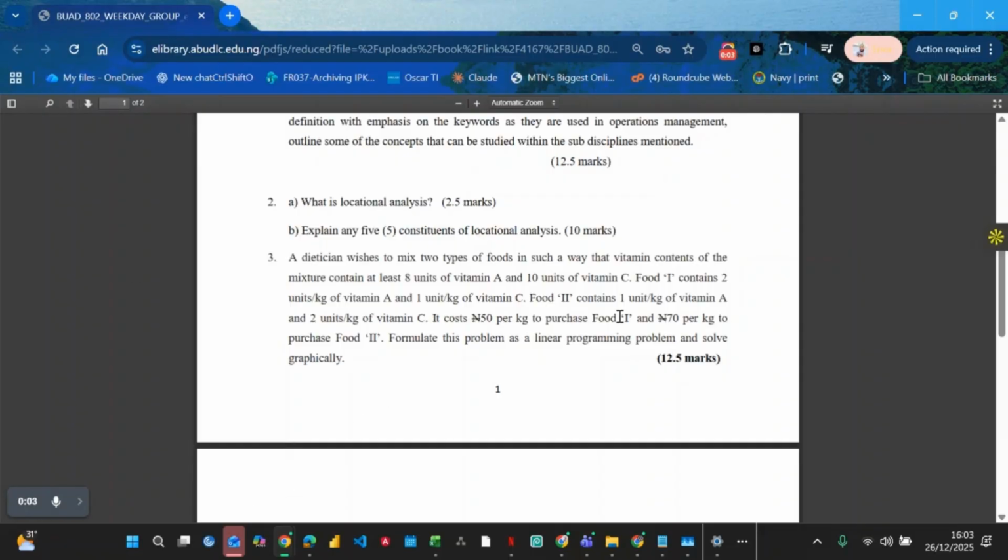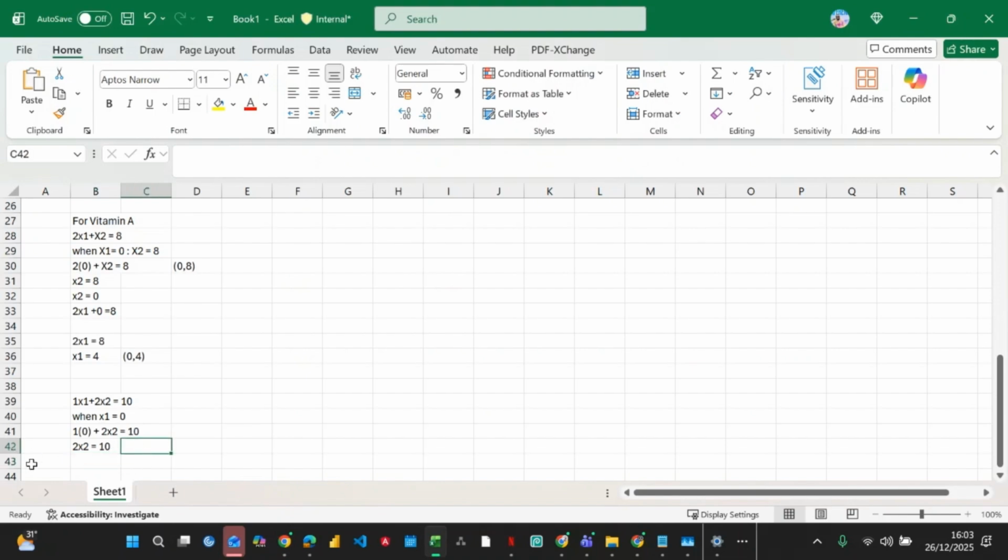Okay. So I was trying to explain this from here, right? This is for vitamin C. When x1 is equal to 0, that is when we are not producing food 1, that means x2 is going to be equal to 5.